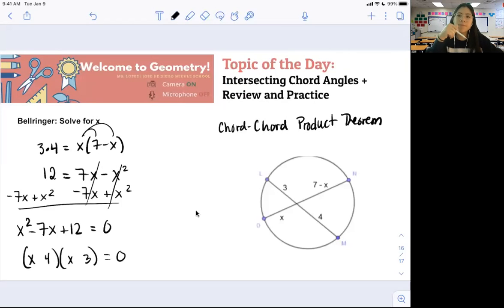Daniel, you have a question? Do we want to make the lines equal, or are we going to have one line longer than the other one? Which lines? The chords in the circle? Yes. Their products are equal. So if their products are equal, then wouldn't x be 1? Why?